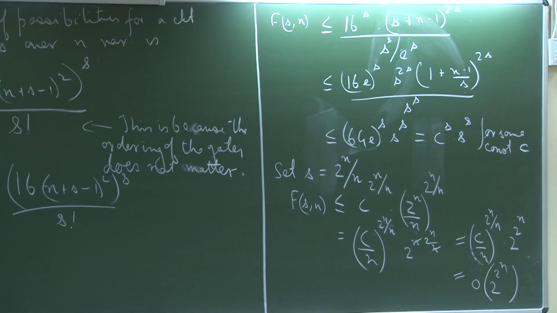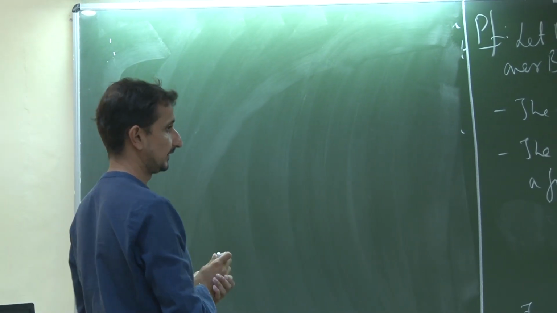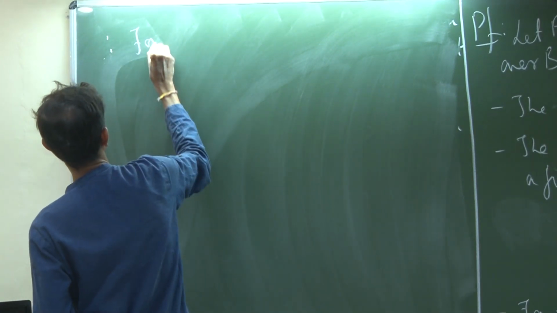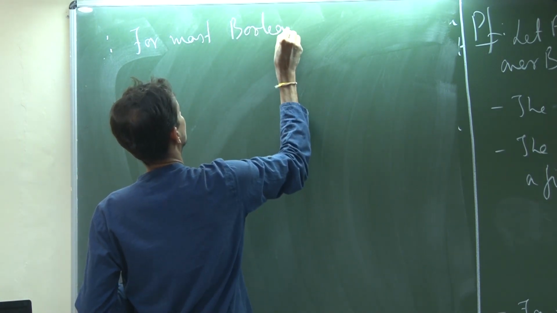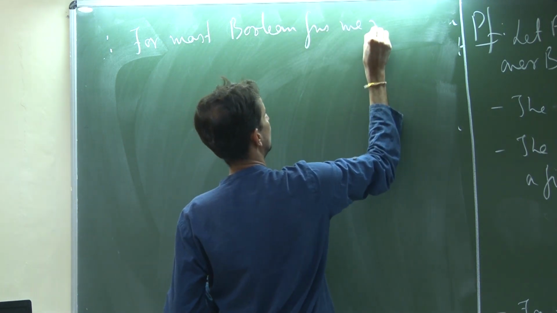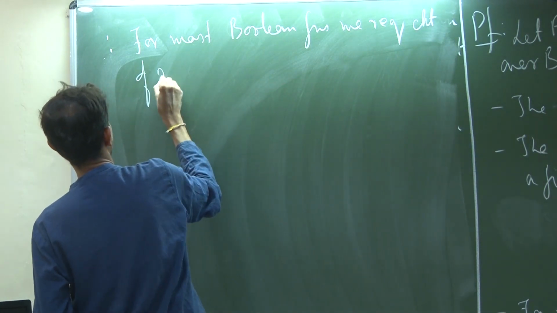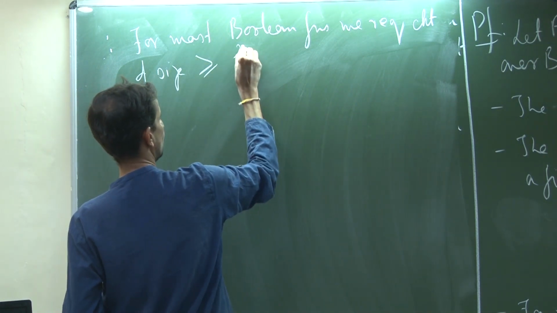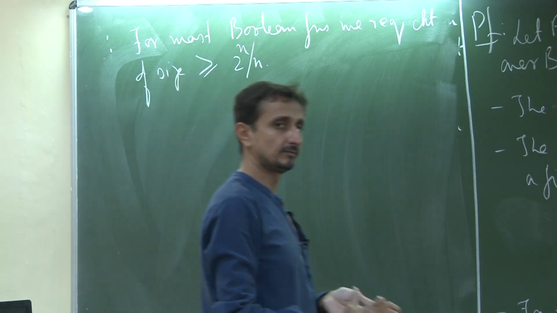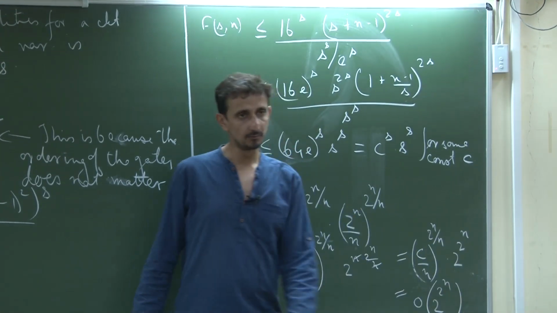Okay. So, therefore, actually the proof is over now. Therefore, for most Boolean functions, we require circuits of size greater than or equal to 2 to the power n over n, because this was the number of circuits which is much smaller than, asymptotically smaller than the total number of Boolean functions.